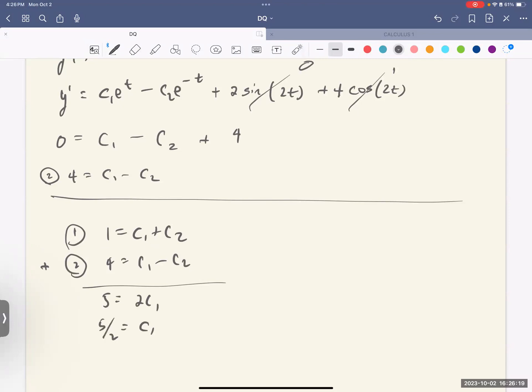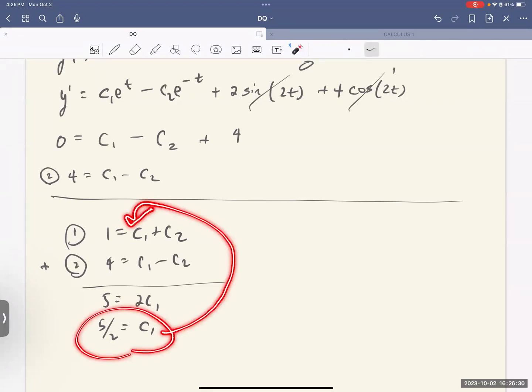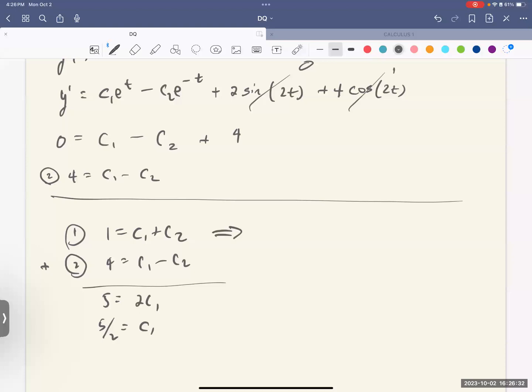Then let's take that c1 and put it into equation 1. We're going to have 1 is equal to 5 halves plus c2. 2 over 2 minus 5 halves is equal to c2, which is -3 halves. So 5 halves, 3 halves.